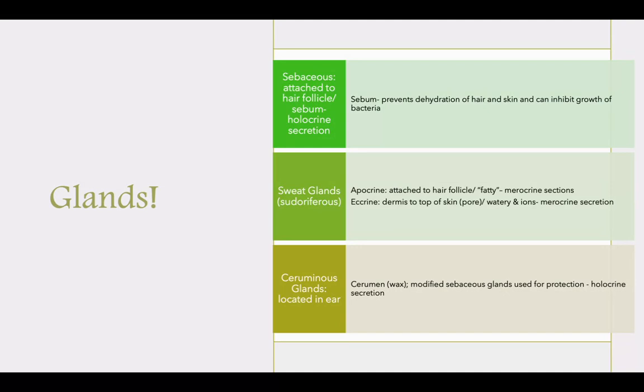Apocrine secretion actually has a color to it. It's almost milky, and it has similar ions to eccrine, but it also has lipids and proteins. So we say that apocrine sweat is fatty because of those lipids.